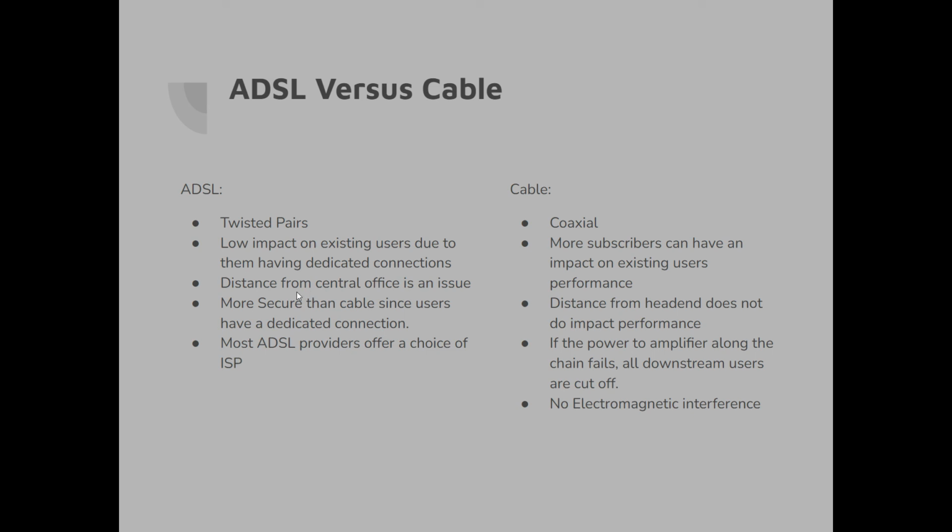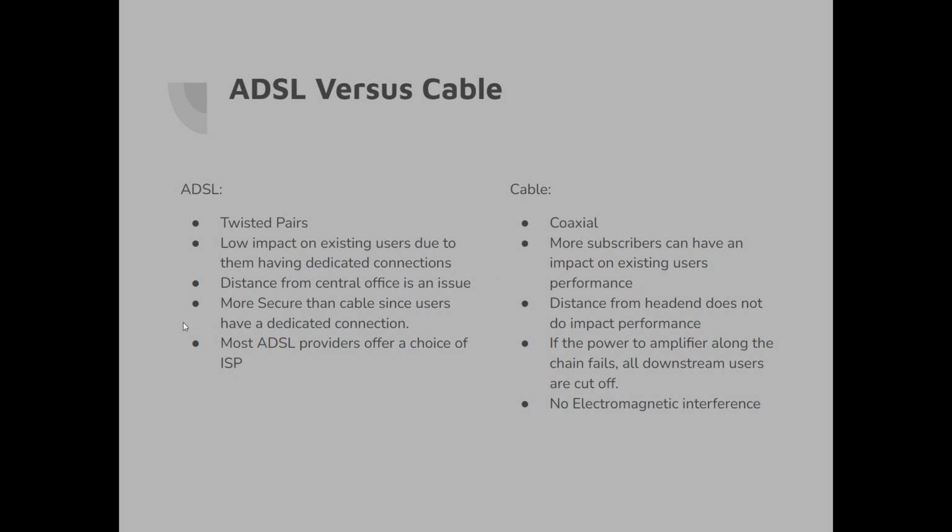This can cause some issues because with cable, if there is a lot of demand through that coaxial cable, since everybody shares it, existing users can have an impact on the performance of their service, especially during high peak hours. This is not really an issue with ADSL since everybody has their own dedicated connection.